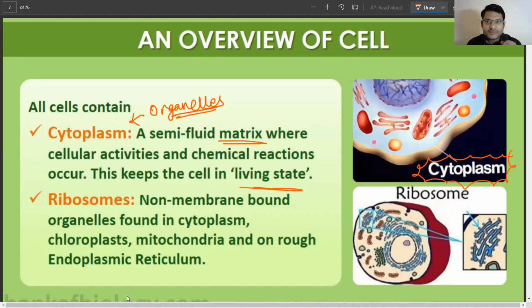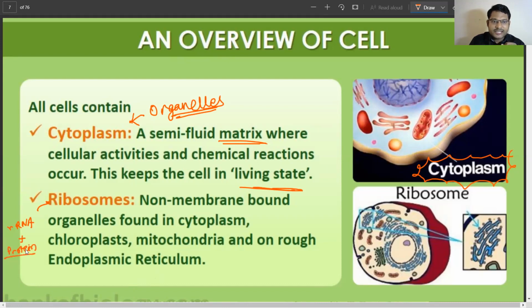Now, what about ribosomes? Ribosomes are very essential and are present in every cell, and they are not membrane bound, right? Ribosomes, we'll talk about later, consist of ribosomal RNA, or rRNA, and a number of proteins.